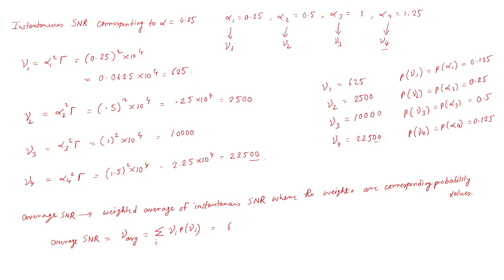It is 625 times 0.125 plus 2500 times 0.25 plus 10,000 times 0.5 plus 22,500 times 0.125.